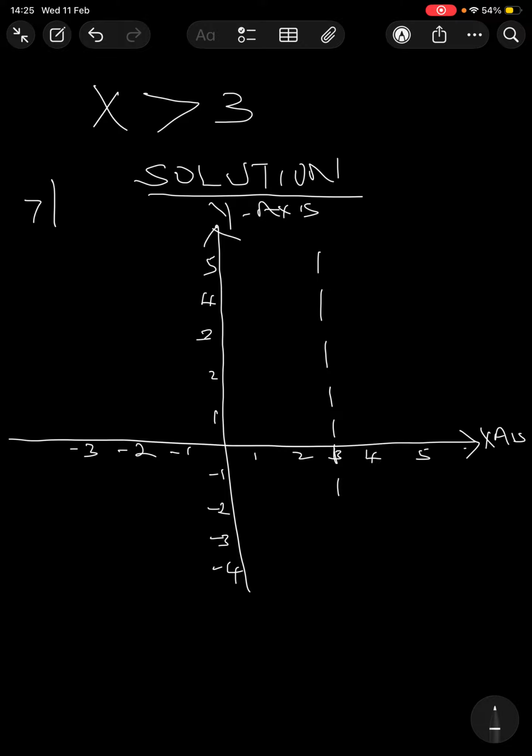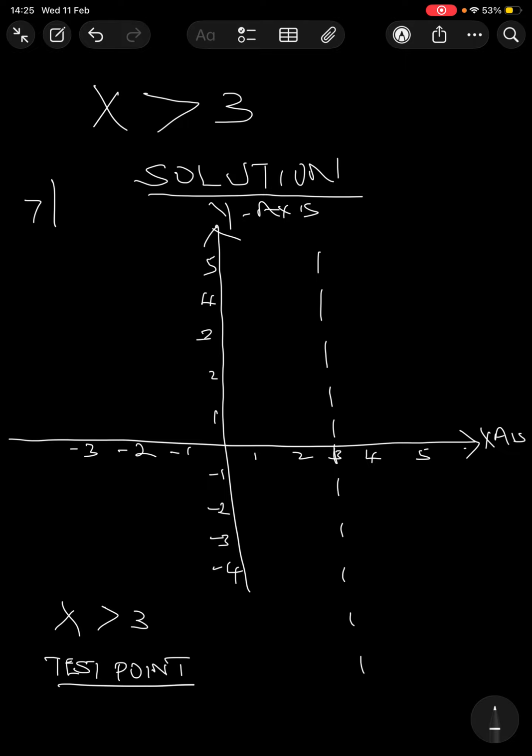Next, I have to do test points. I have to identify the part which satisfies the inequality. So we have x greater than 3. So test point.